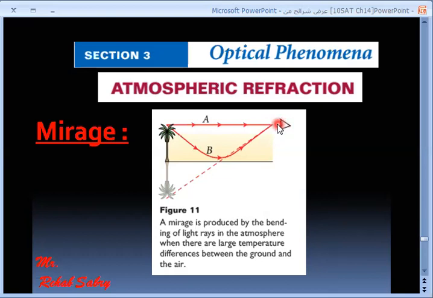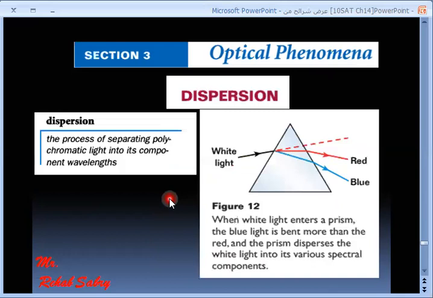Your eye sees the image along the ray that comes to it, so it will see the image of the top of the tree on the ground. Your eye is used to seeing this on the surface of water, so you see as if there is water on the road, asphalt or deserts.